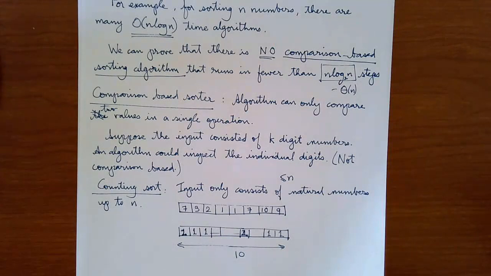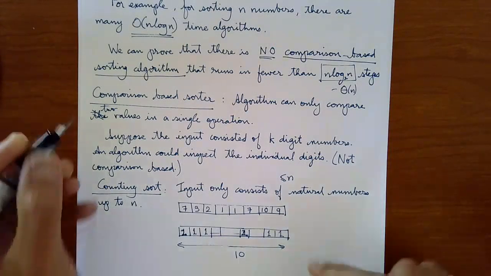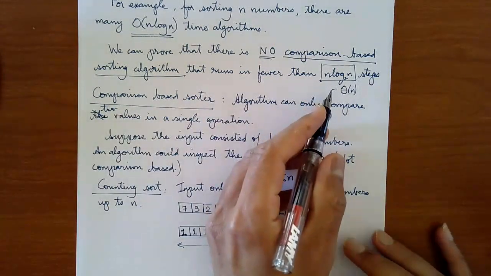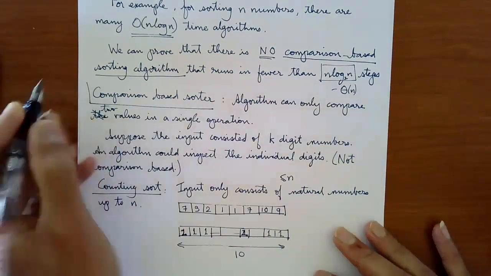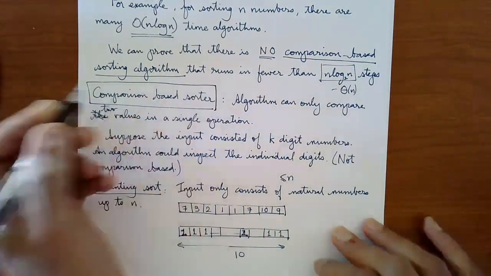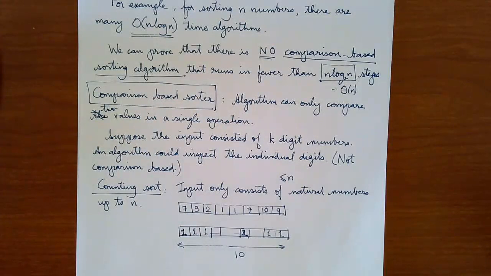So this is a very useful discussion that we're having, because to prove the n log n bound, you have to understand the notion of a comparison-based sorter. And that concept is fundamental to being able to prove such a bound. Okay, so any other questions about this?